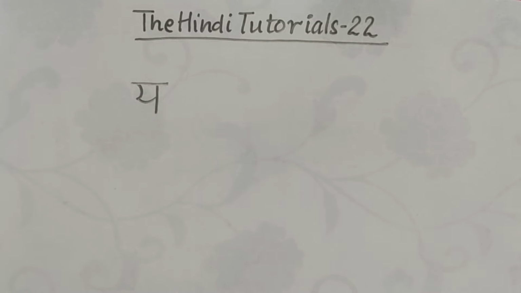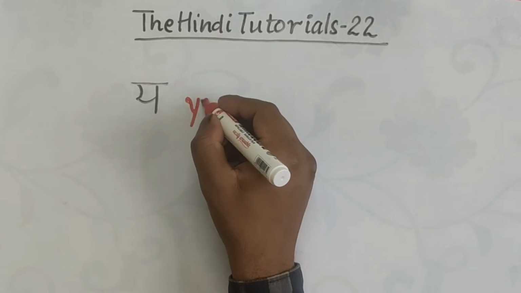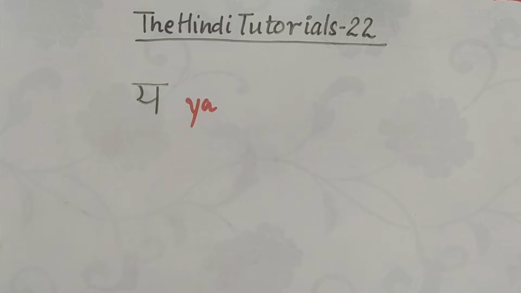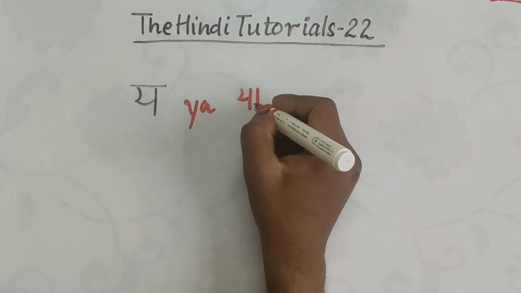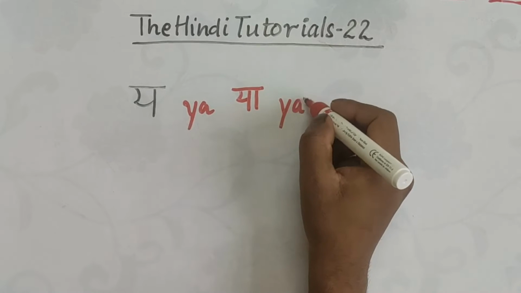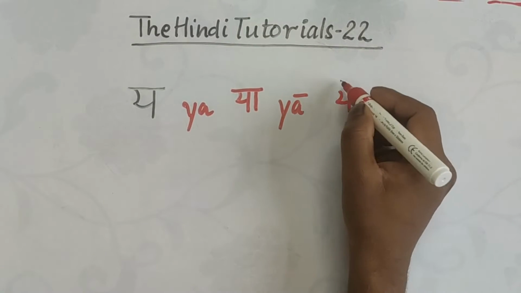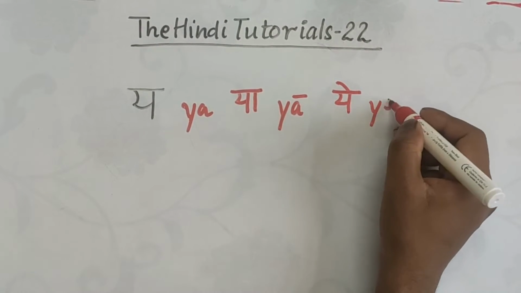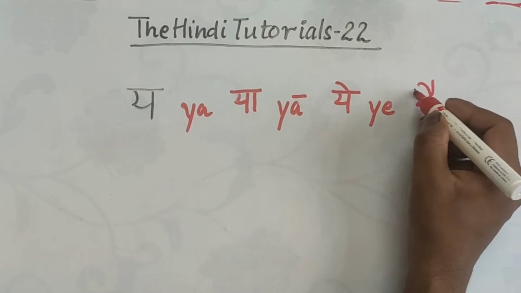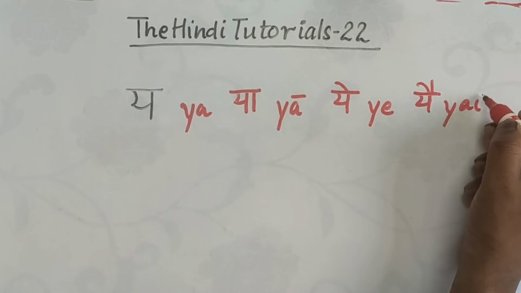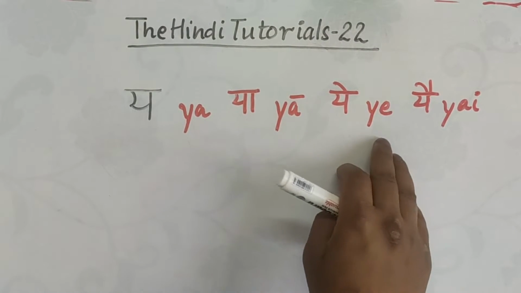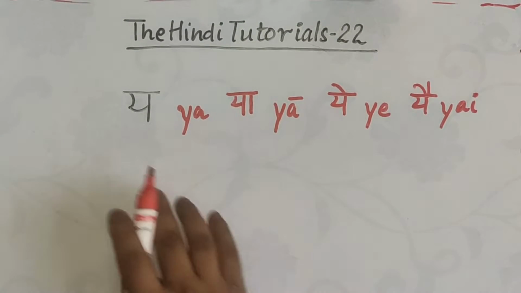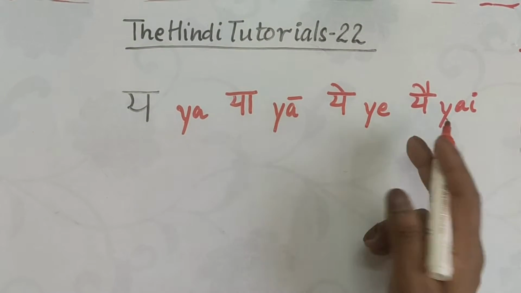Y. Now adding y with other vowels, adding other matras to y, it will be ya, ye, and yeah. So we have learned 4 matras till now. The one is a, and a. So it makes y, ya, ye, ye.